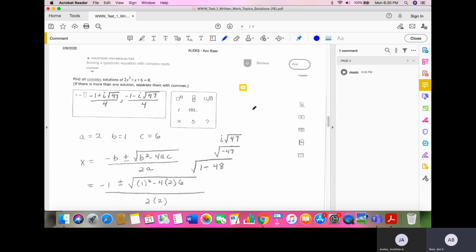So I do want to emphasize that the square root of -1, does anybody know what the square root of -1 is? It is equal to i, the imaginary unit.